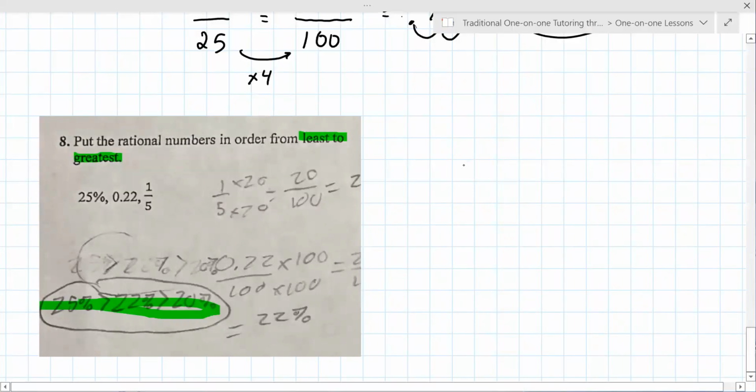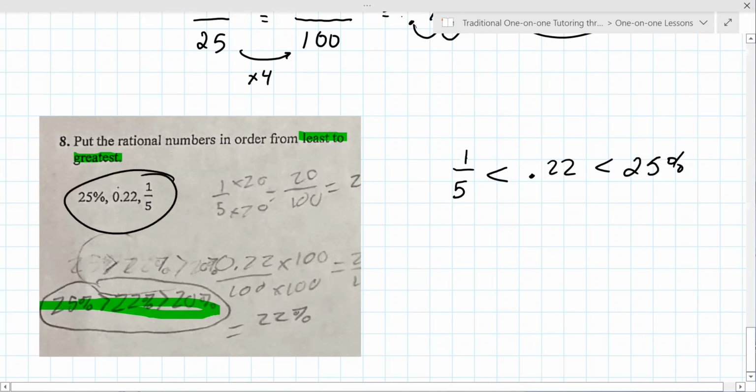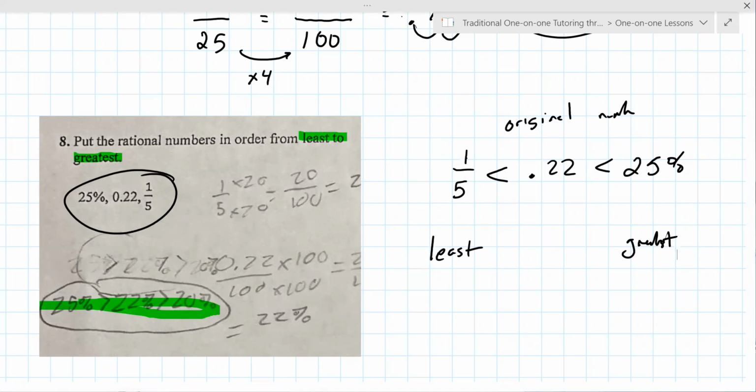So you're supposed to put 1/5 first, then 0.22, and then 25%. You have to use the original numbers, and it has to be in the order they ask for, least to greatest. Yeah. Okay.